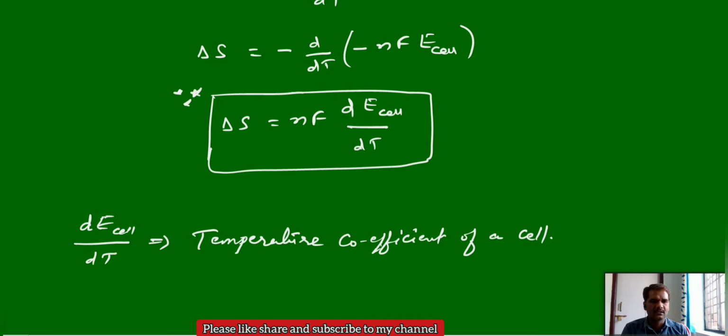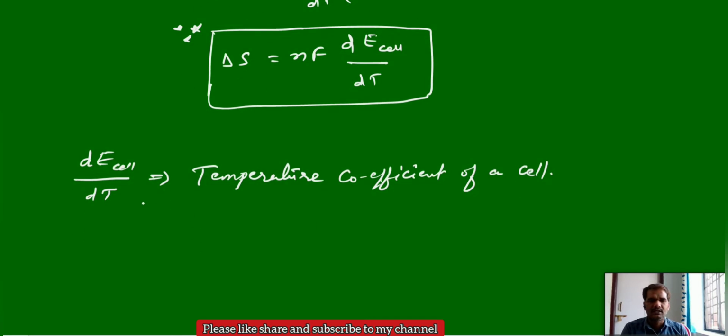Generally, we can define it like this. This is the EMF change per degree centigrade change. That is called temperature coefficient of a cell. This is change in EMF of a cell per 1 degree change in temperature.